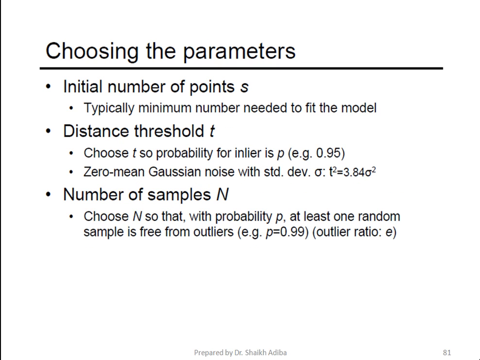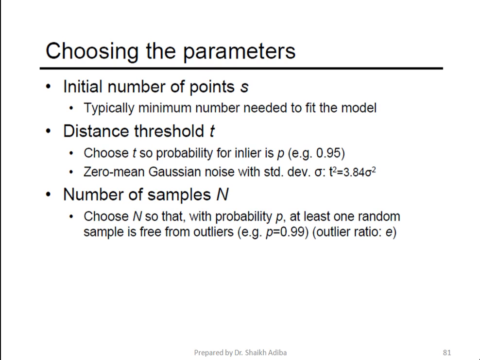Now, choosing the parameters. Initial number of S points. What parameters do we need to select here? The number of random uniform points that we pick up at a very initial stage. So how many points do we need to select here?